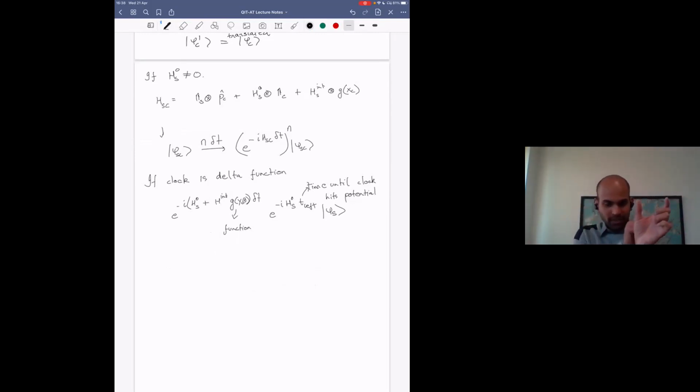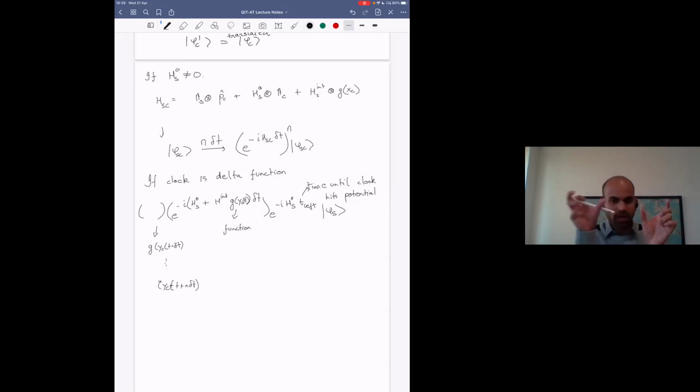So as the clock moves to the potential, you have the effect of the natural Hamiltonian and the interaction Hamiltonian multiplied, of course, by the strength of the potential where the clock is. And then this gets multiplied by the same thing again, but this is now g of y of the clock at t plus delta t, and then y of the clock at time t plus n delta t.